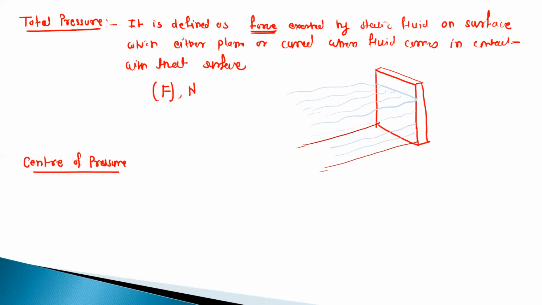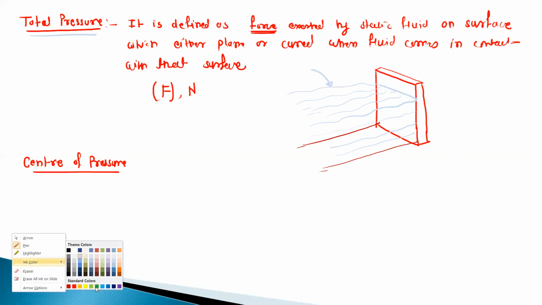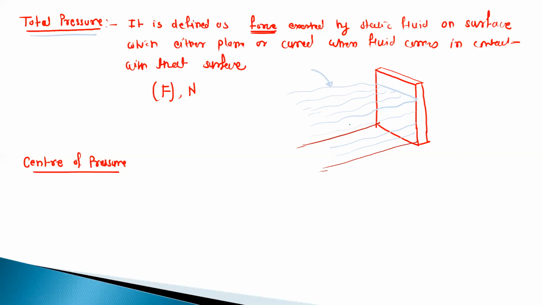So this water will exert some force on this wall, and the calculation of that force is nothing but the total pressure. Okay. So that force will act somewhere on this wall like this. So this is the force F, which is called the total pressure.